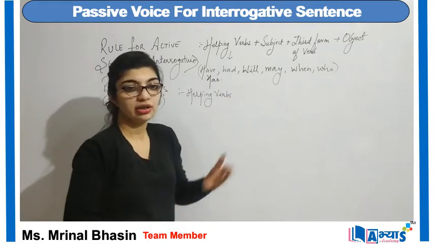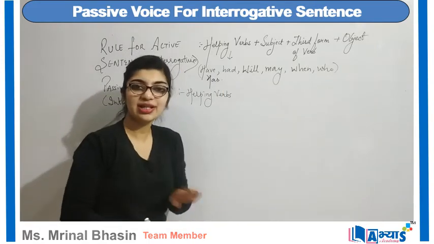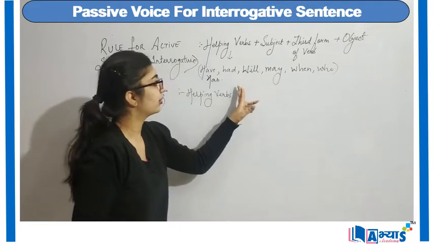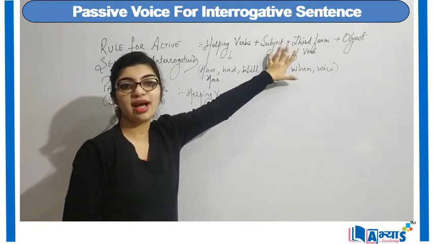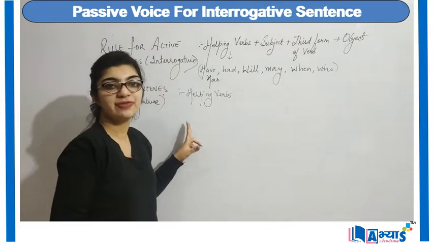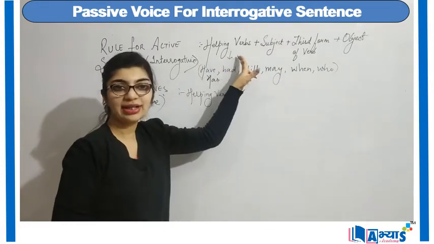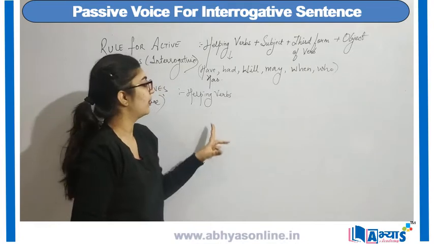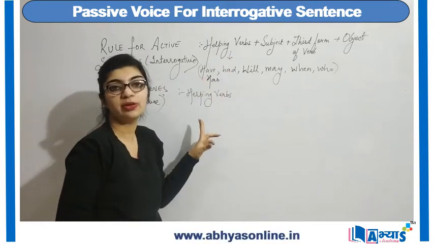So here we are seeing that in the rest of the cases, the sentence always started with a subject. But in case of interrogative sentences, in both active and passive form, we will always begin with helping verbs.